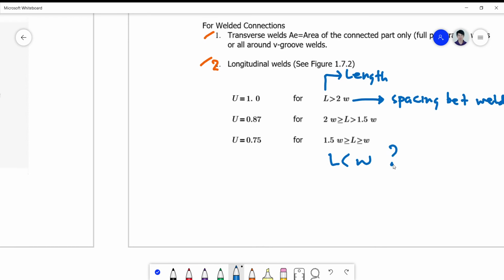You may reduce U further, but to what extent? How do you reduce it? Since the AISC did not recommend a value, it is safe to say that the length must always be at least greater than or equal to W. So don't weld with a length smaller than the spacing of your welds. Okay? So remember that.